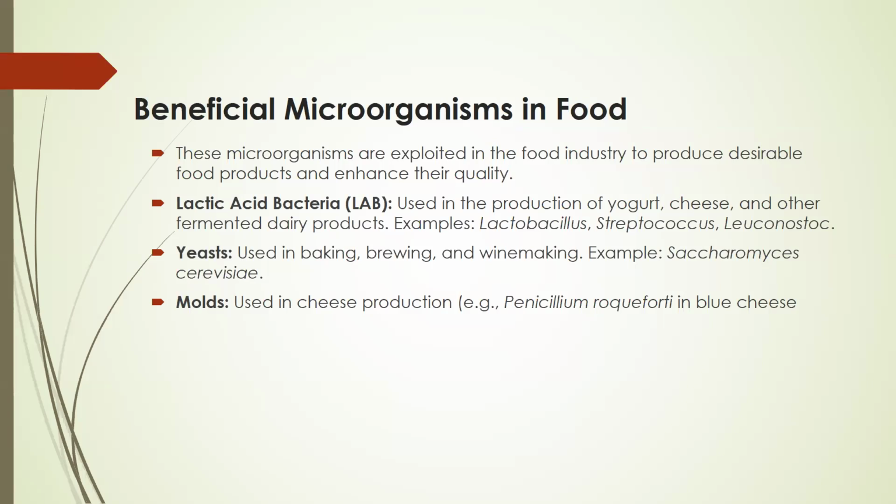Examples of such LAB are Lactobacillus, Streptococcus, and Leuconostoc. Yeast can be used in baking and brewing of wine or beer, for example Saccharomyces cerevisiae. Then molds can be used in cheese production, e.g. Penicillium.